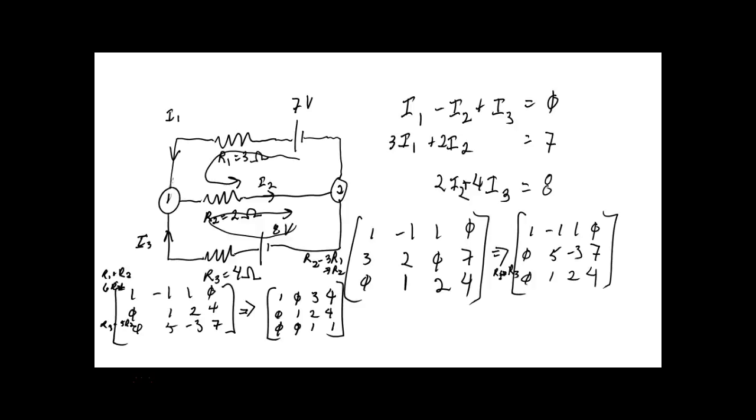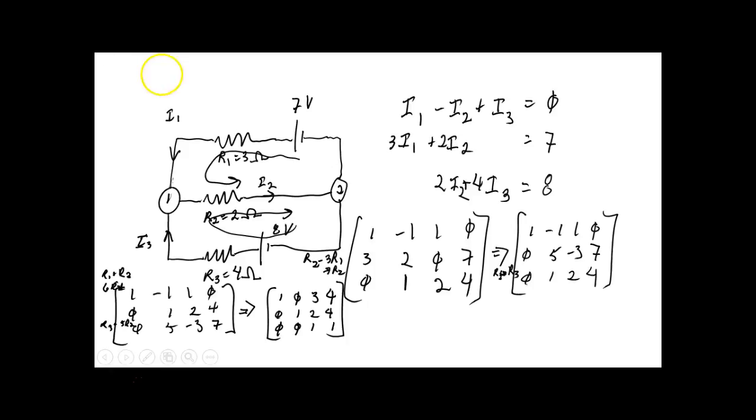Okay. I'm sorry. Luis was something else. Okay. So right now we know I3 is equal to 1 amp. We know that right now. So I3 is equal to 1 amp.